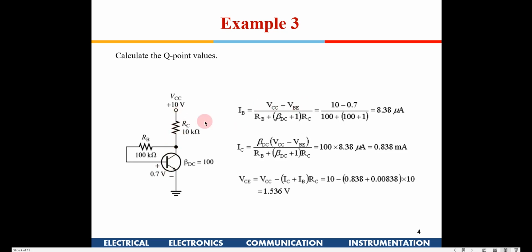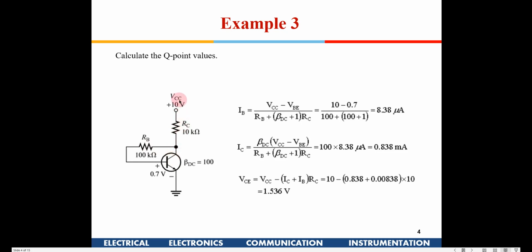And then if you write a loop equation from here to here like this, VCC is equal to RC into (beta plus 1) IB plus IB RB, because here IB and IC both are flowing through this resistance, right? It gets split here, IB comes here, IC goes here.